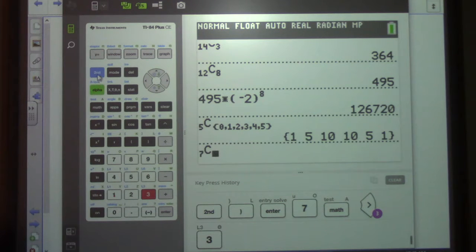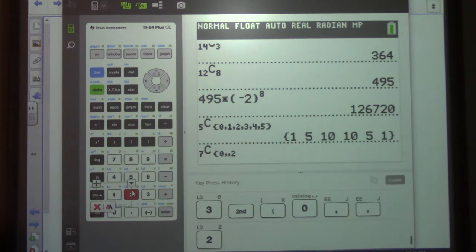Well, to do that, we can get our opening bracket, second parentheses, and then 0, comma 1, comma 2. Whoops, something happened here. Oh, I know what happened.